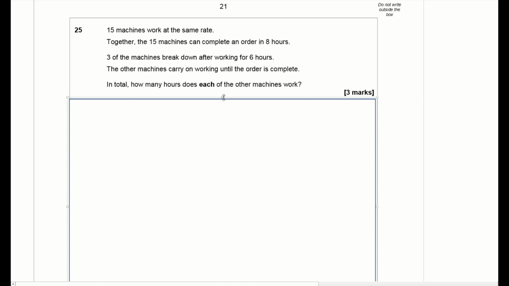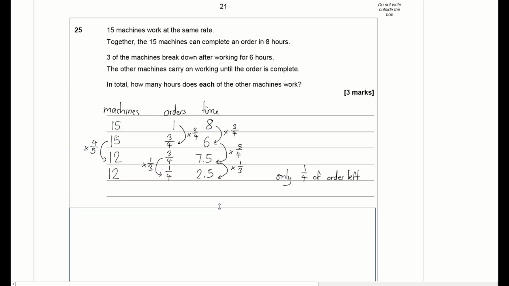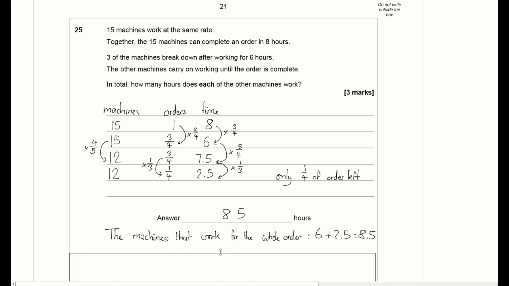Now, what's really important with these is that you know how each of the proportions are actually related to each other, and by that, because we've got 3 different variables here, we're going to have different relations between if one changes, how does the other change. Now, if you think about it, because most of these problems are based on the real world, consider machines and orders. If you've got more machines, they're going to complete more orders. That would mean that machines and orders are directly proportional.